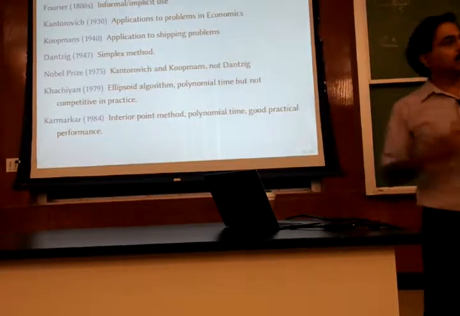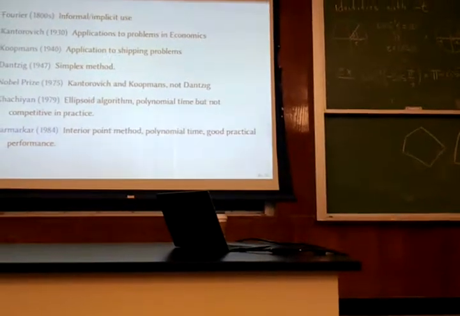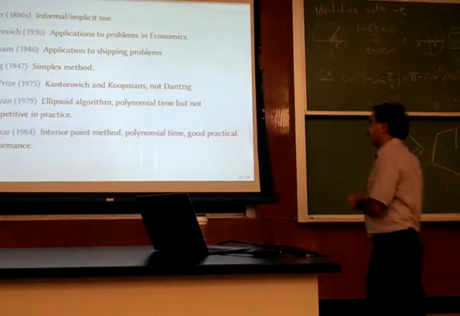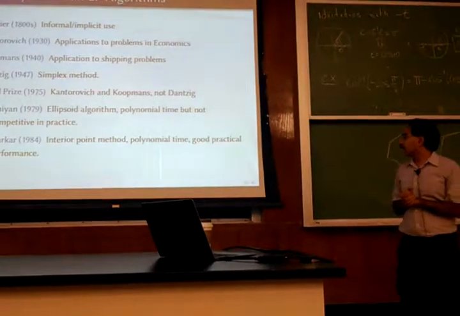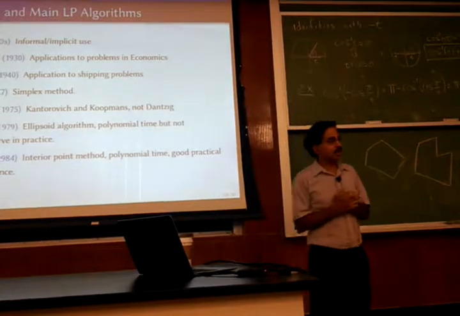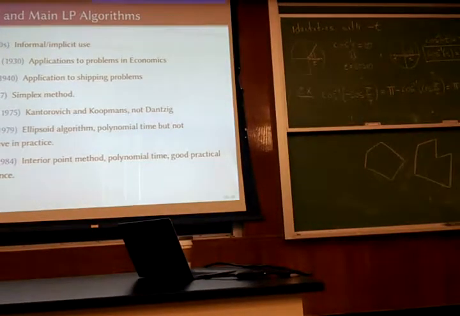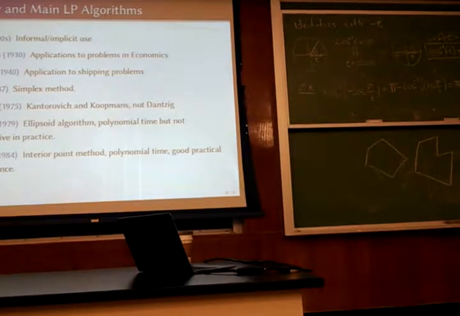But really, it started being used as an optimization tool in the 1930s and 40s. In '47 is when the simplex method was discovered, and a Nobel Prize was handed out for linear programming, and you'll see that, interestingly, the computer scientist is, of course, not the recipient there, right?